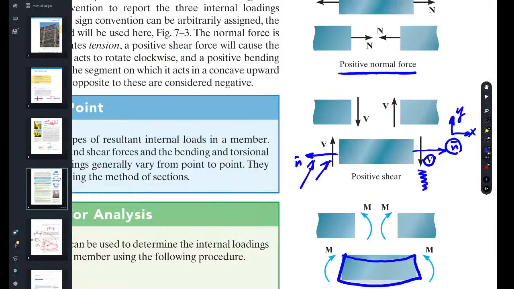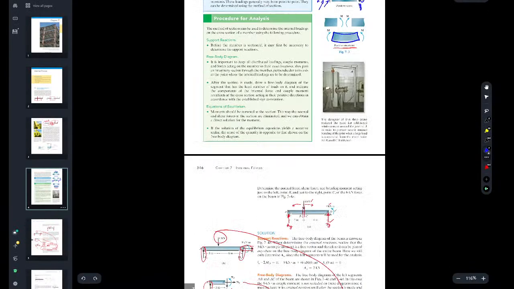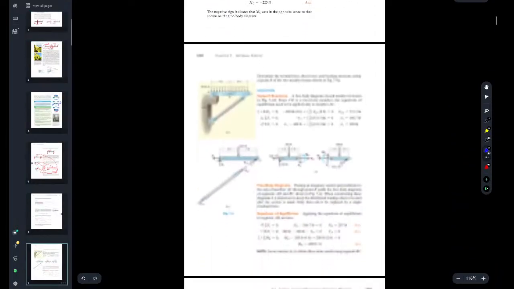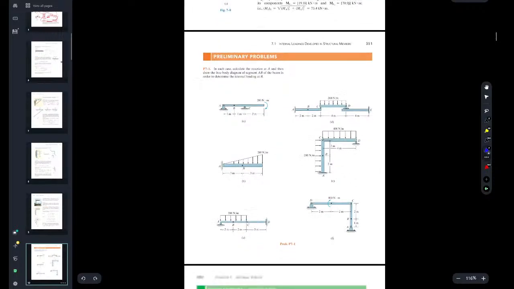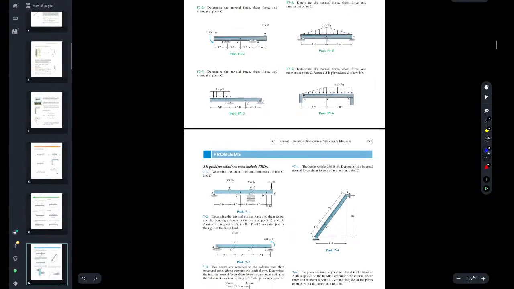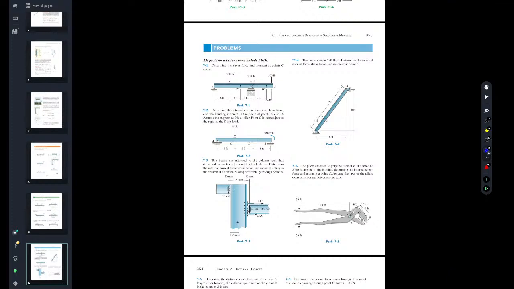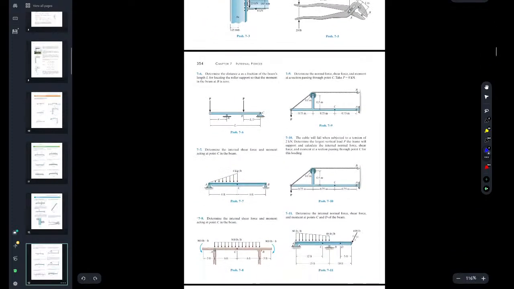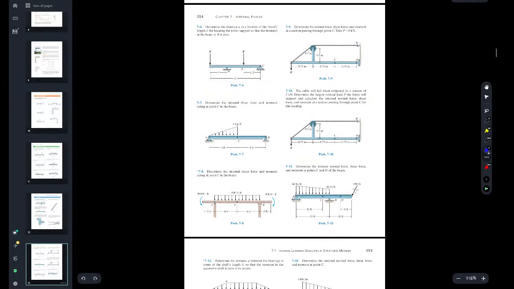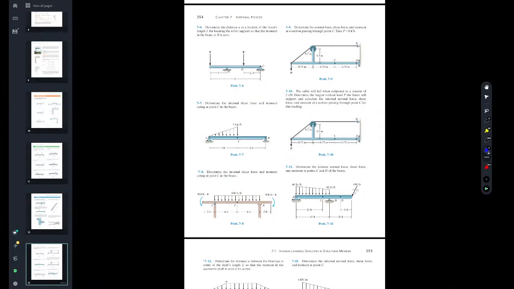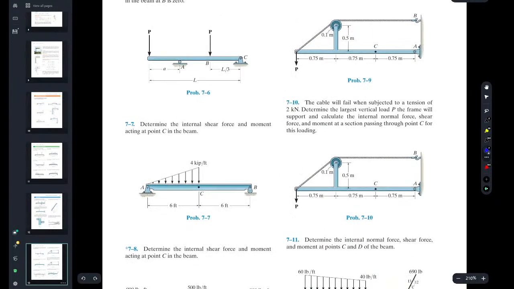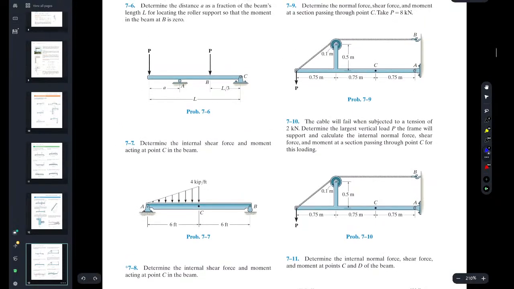Let's move to a more complex problem by going into the book and rolling down here and trying to find one that has a lot more complexity on it. Let's see. I'm looking for somebody that has... I'm trying to see what the difference between 7.9 and 7.10 is.